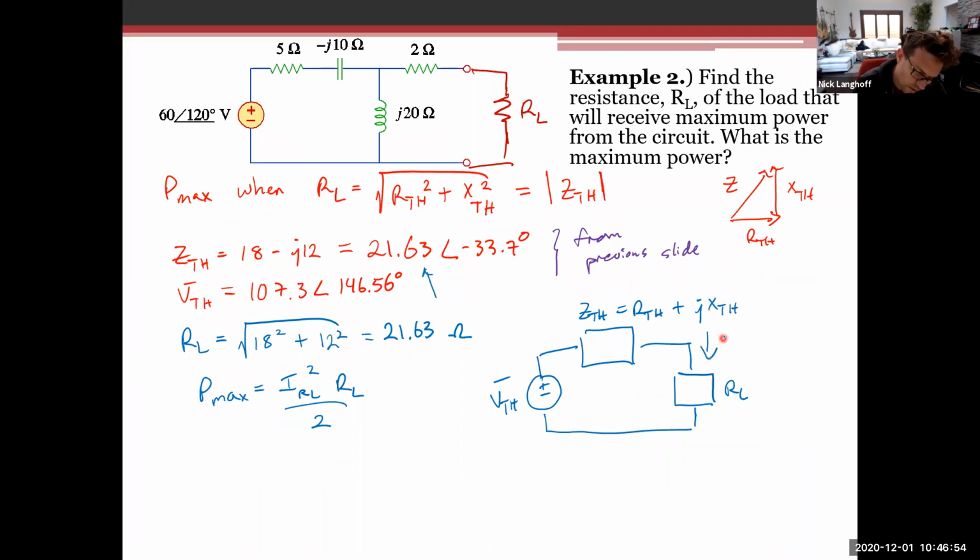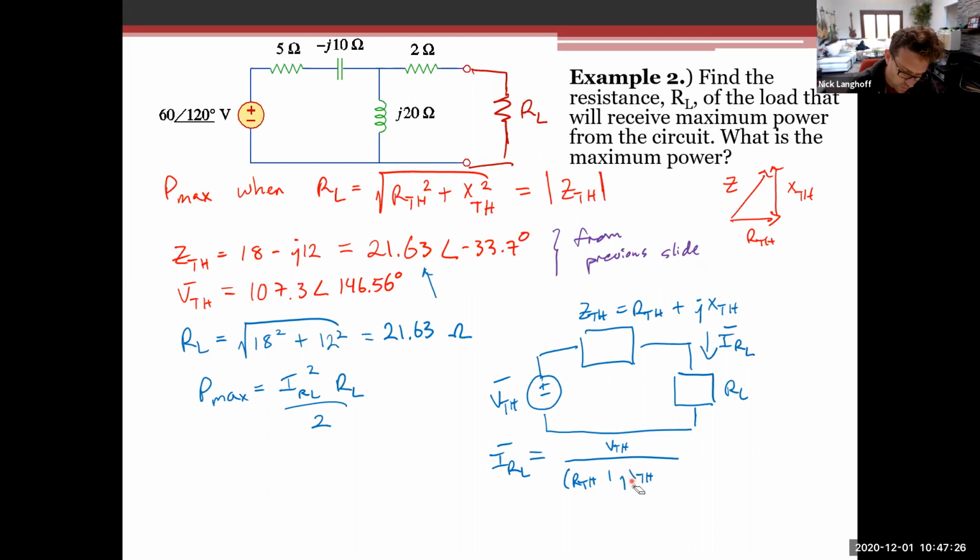We're looking at the current I RL going through this load here. That's the phasor. We can actually calculate that pretty simply. That's just equal to V Thevenin over R Thevenin plus JX Thevenin.